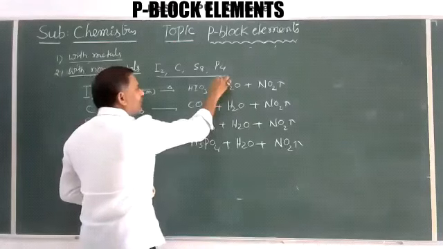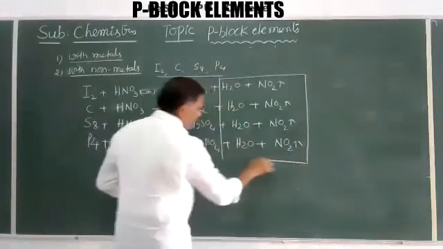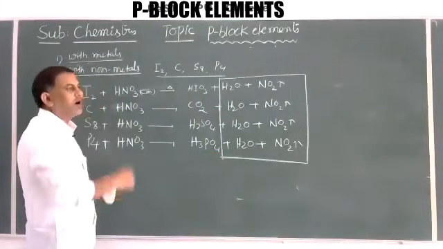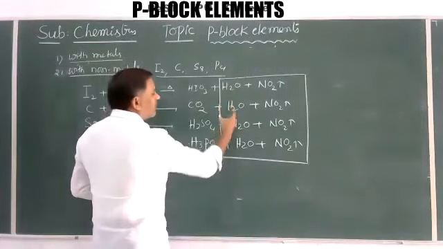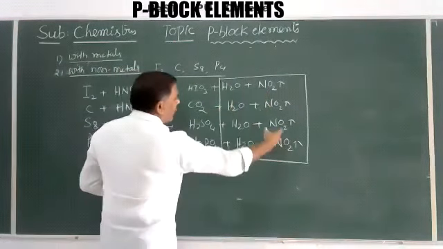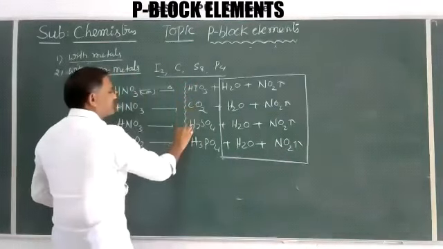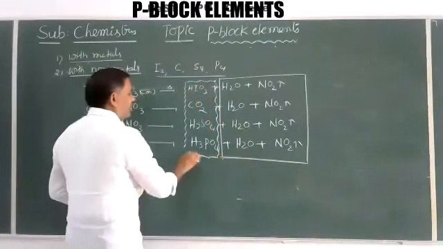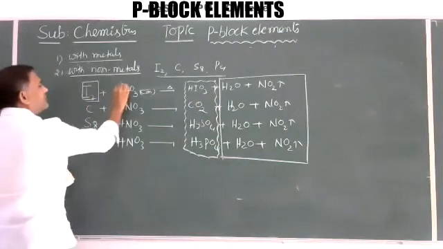Once we observe all four important chemical properties with non-metals, all the byproducts are the same, like water and nitrogen dioxide, but these are very, very important. So what is the main product when iodine is reacted with concentrated HNO3?